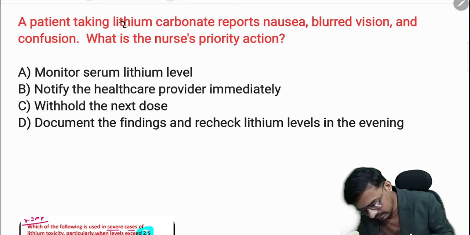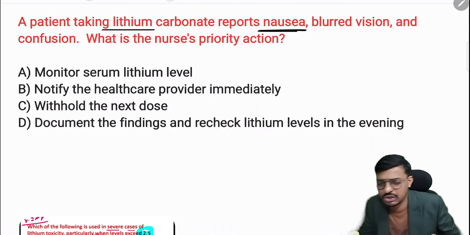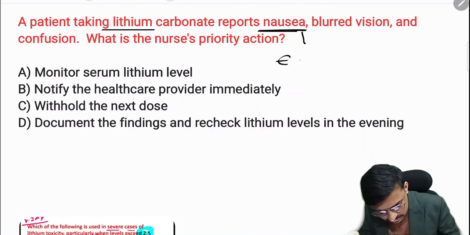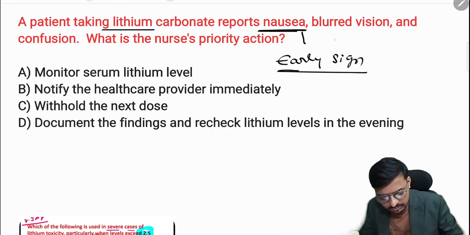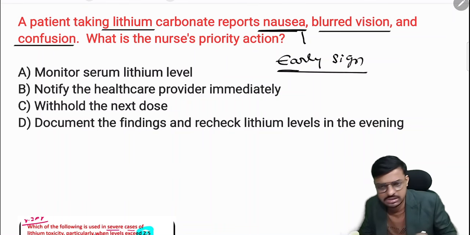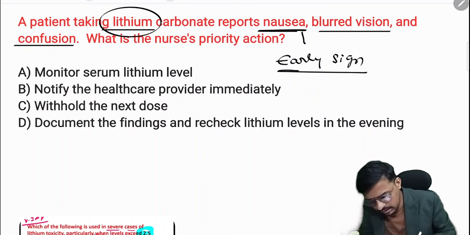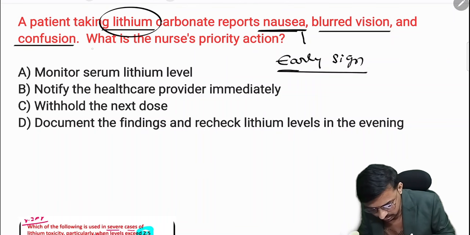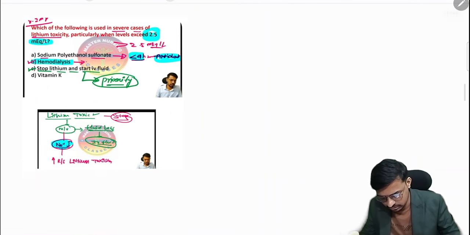The patient who is taking lithium, if reporting any nausea, vomiting, or any GI symptoms, consider this one as the earliest sign of lithium toxicity. Along with that, he is having specific signs like blurred vision and confusion, which are also specifically associated with lithium toxicity. The question asked: what is the nurse's priority action? We have discussed the same question. Look at this one, students.